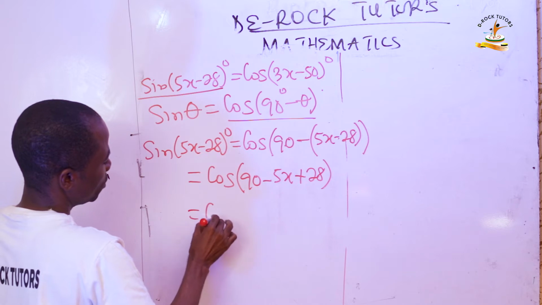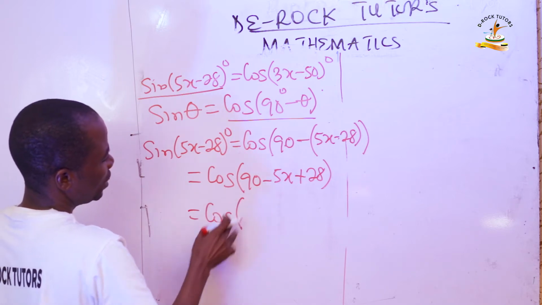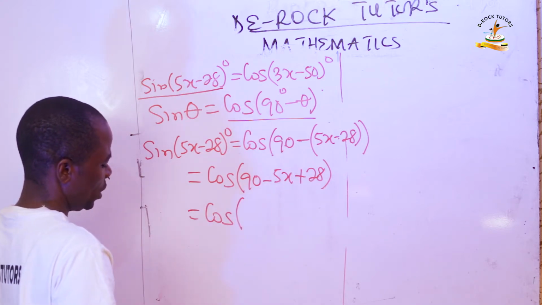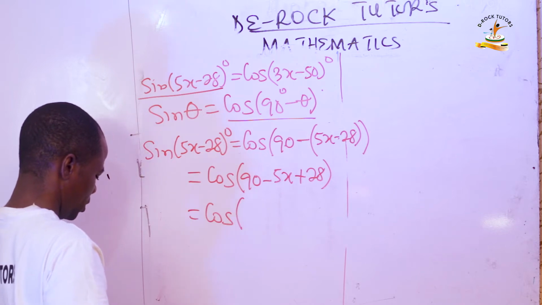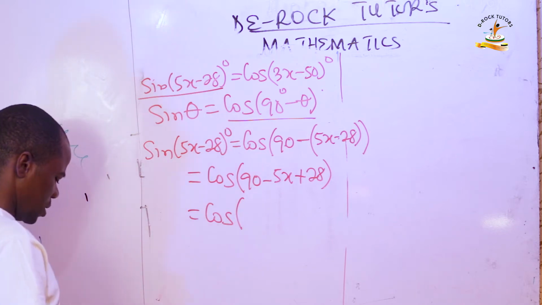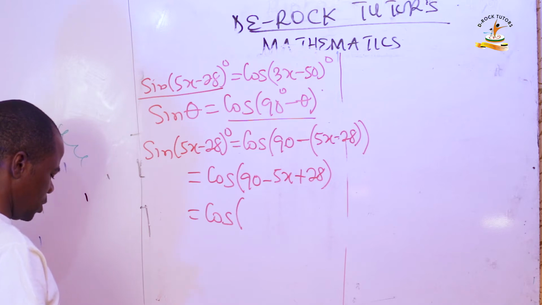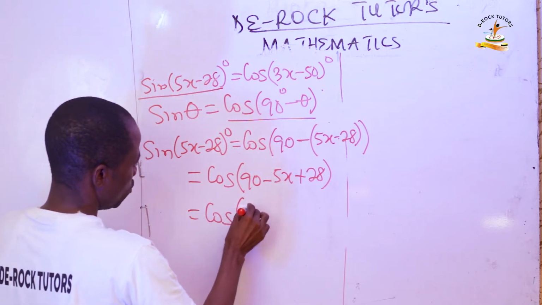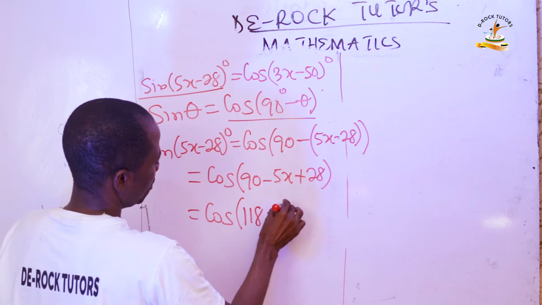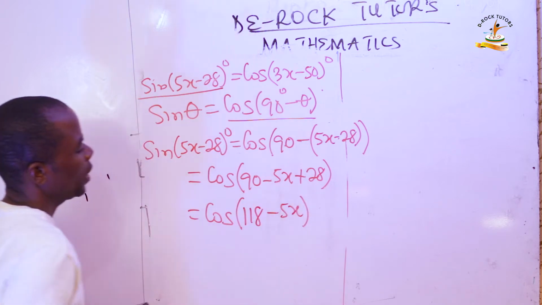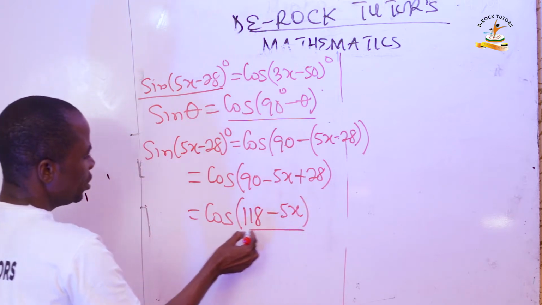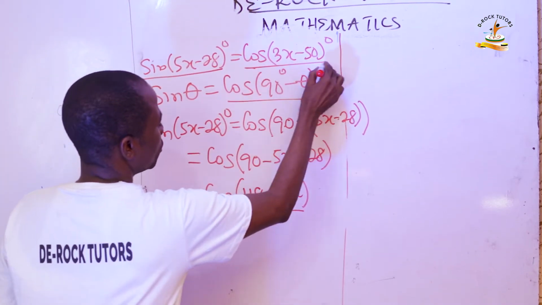So this will give us cos. If we add 90 and 28 together, that's 90 plus 28, that is 118, so cos of (118 minus 5x). So we can now equate this one and this one together.